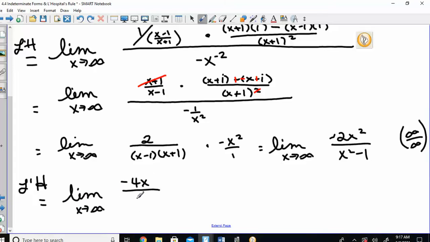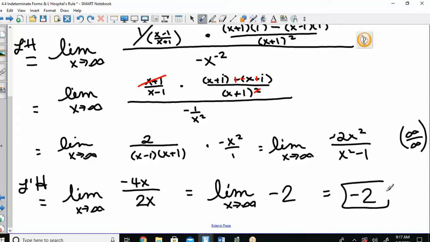Derivative of the bottom is 2x. What could you do there? Negative 4x divided by 2x is negative 2. And the limit as x approaches infinity of negative 2 is negative 2.